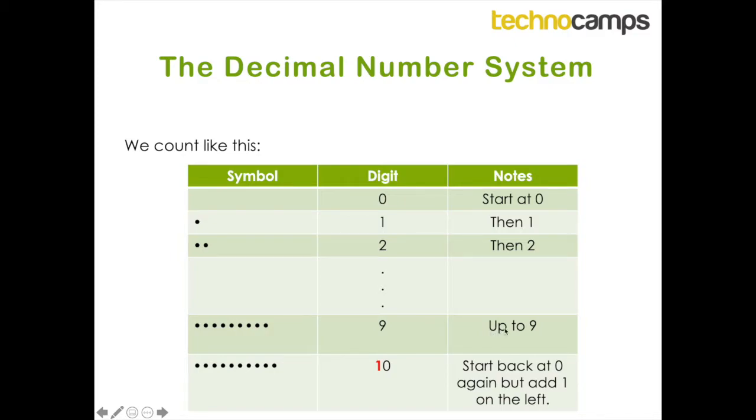But after we add 1 to the 9th digit, what we actually do is we start back at 0, but add 1 to the left. Now this value for us is commonly known as the number 10. But actually, what we've done is we've started back at 0 and added 1 to the left, restarting the sequence.